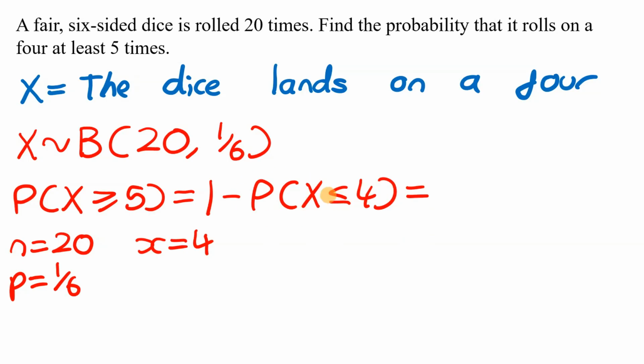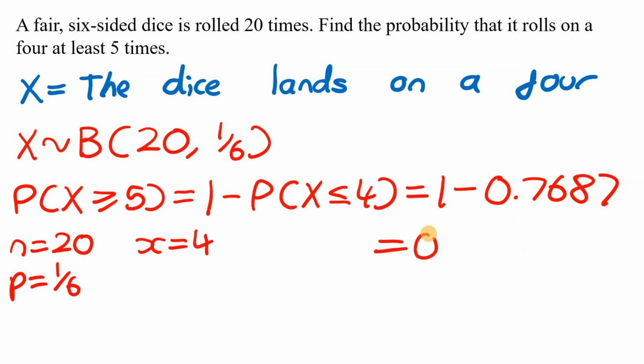Now, if you put the probability that x is less than or equal to 4 into your calculator, it's going to be 1 minus, and then this is going to be, to 4 decimal places, 0.7687. And if you put this into your calculator, this is 0.2313. So this is the probability that the dice rolls on a 4 at least 5 times.